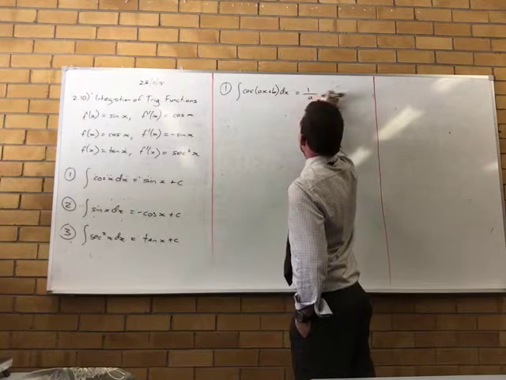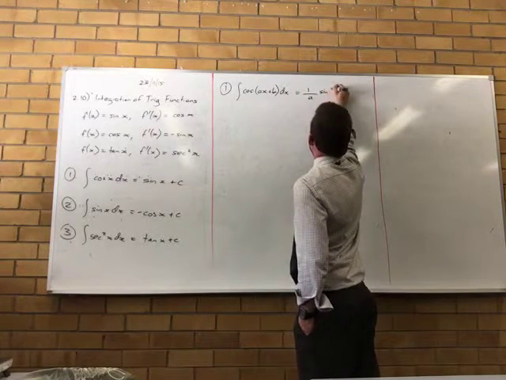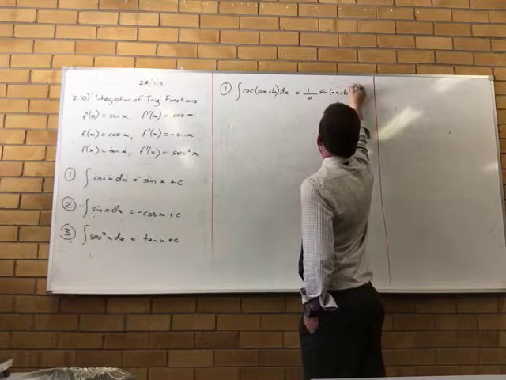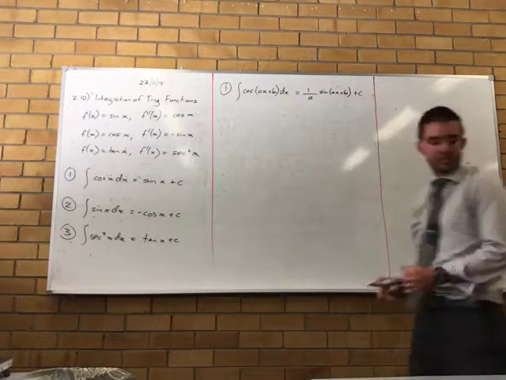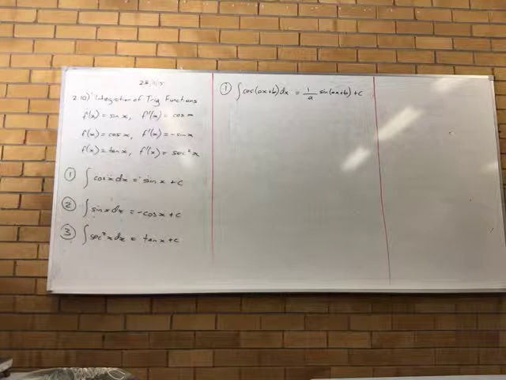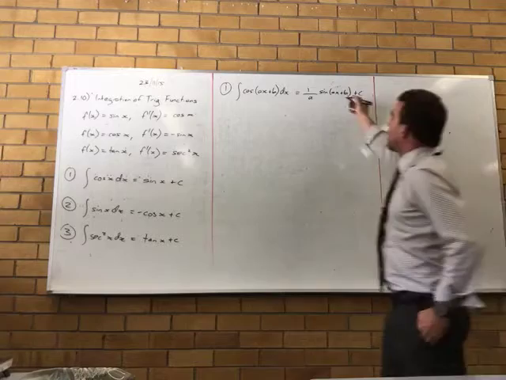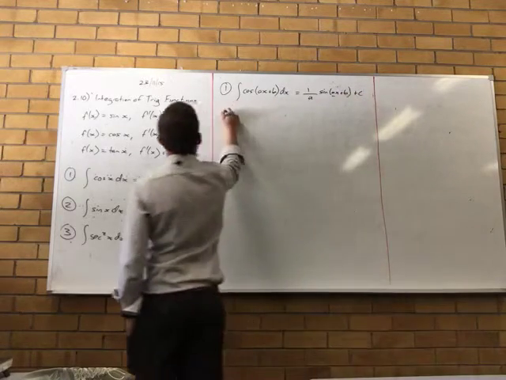So this is going to be 1 on a sine(ax plus b). That's our constant expression. We divide by the derivative inside the bracket, just like when we integrate using our function of a function rule. So to finish that off, we need to divide by the coefficient of x.